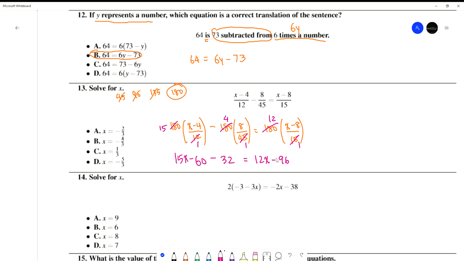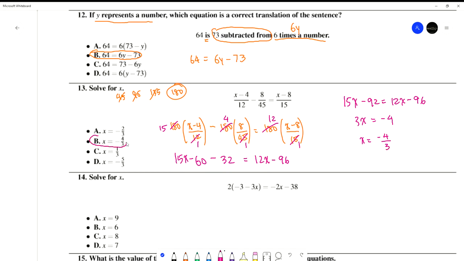So let me clean this up a little bit: 15x minus 92 is equal to 12x minus 96. So let's subtract 12x here, and we get 3x. And then we add 92 to both sides, so we get negative 4. Lastly, you divide by 3, and you get x is equal to negative 4 over 3.